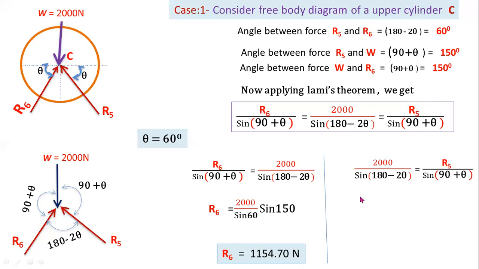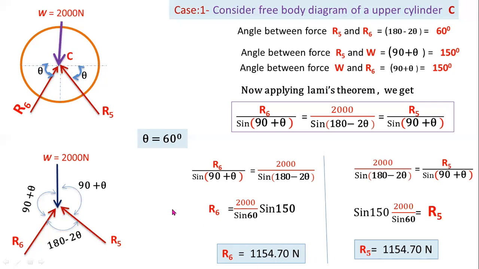Now apply cross multiplication. Reaction force R5 equal to 1154.70 newtons. So here the reaction forces R5 and R6 both are equal, that value equal to 1154.70 newtons. So from this cylinder, you got two reaction forces R5 and R6.